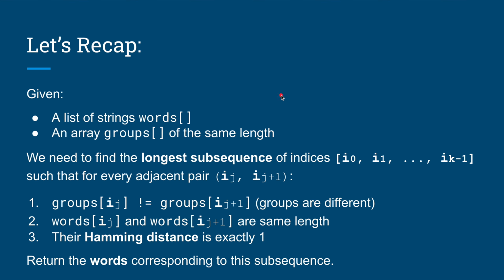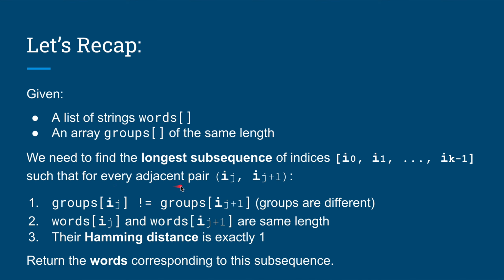Our task is to find the longest subsequence of indices, from i_0 to i_k minus 1. Why? Because there are some conditions we have also been given, right? So our task is to find the longest subsequence having indices like this.